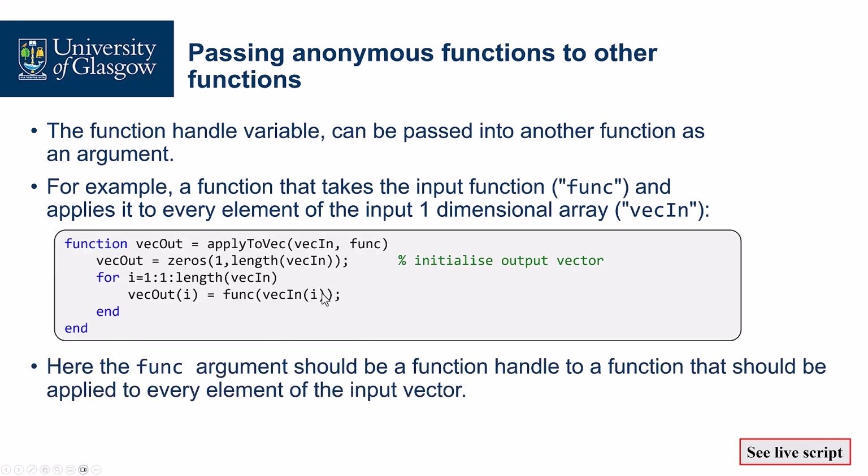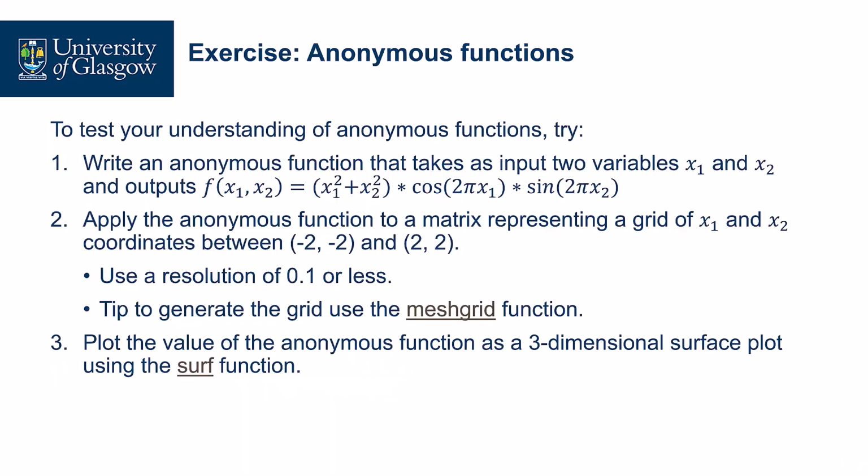Here the function argument is a function handle, and this represents the function, right? So this applies to every element of the input vector. This is how to use an anonymous function in another function. Following the same way, you can use it anywhere in the script, right? Okay, so that is an anonymous function.